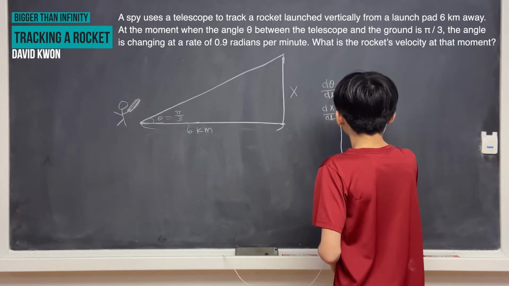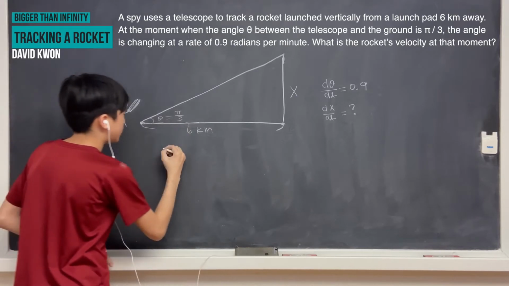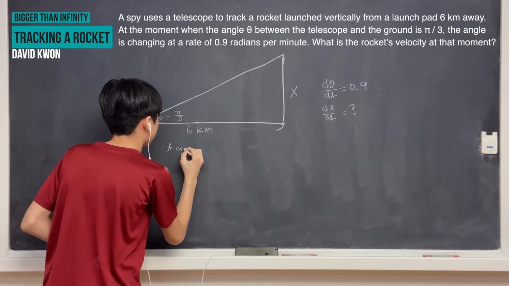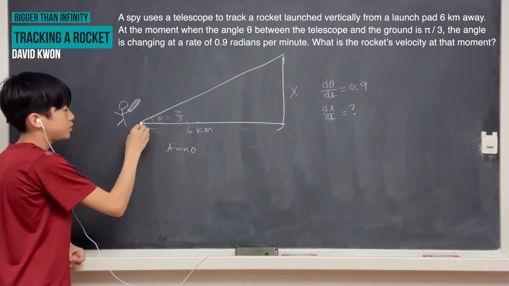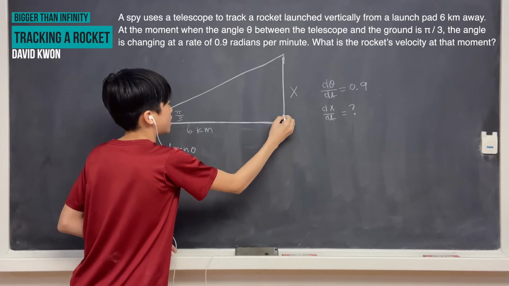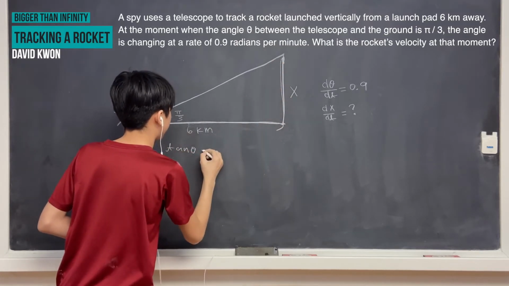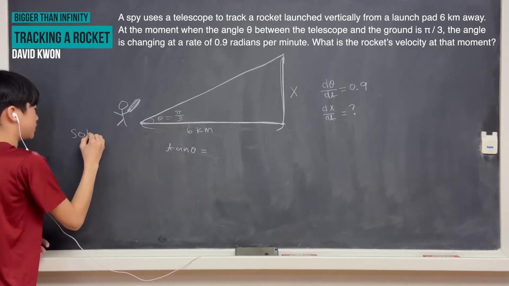You don't know this for now. We will use the trig function tangent because this represents the interaction between the adjacent and the opposite. From the SOHCAHTOA formula, this is how you spell it.